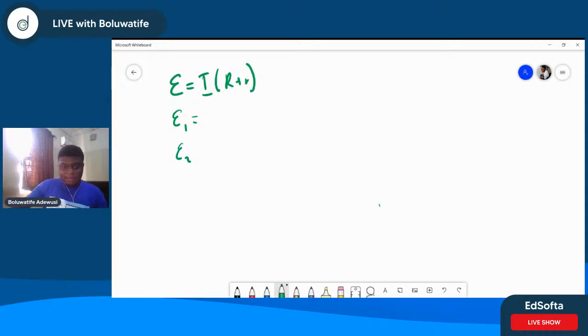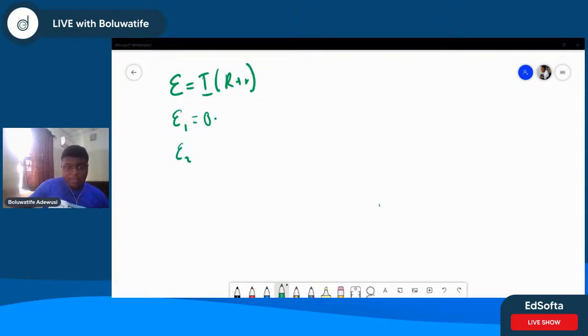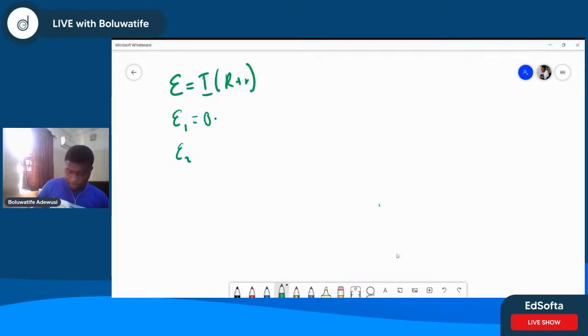So for the first case, we have a current of 0.4 through a 4 ohm resistor. So here my current is 0.4, my resistance is 4, but I don't know my small resistor.